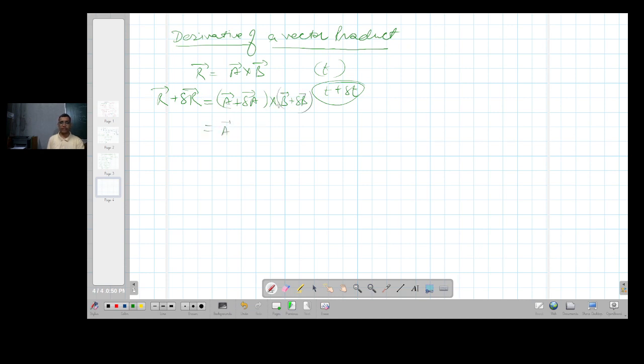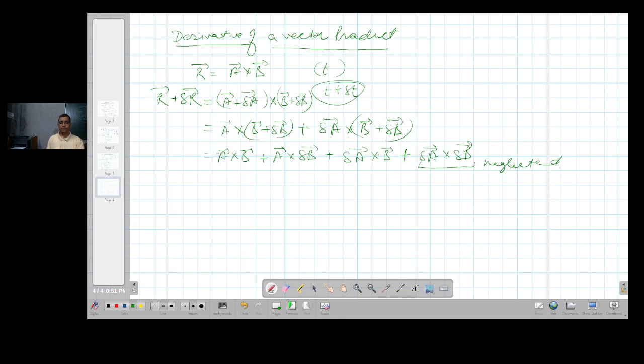So it is A cross B plus delta B, plus delta A cross B plus delta B, right? So it is A cross B plus, here the order plays a very important role, A cross delta B plus delta A cross B plus delta A cross delta B. Now the last quantity is very small, so it can be neglected.